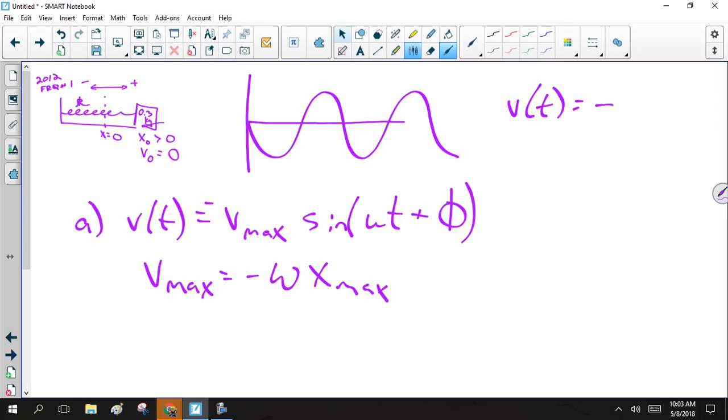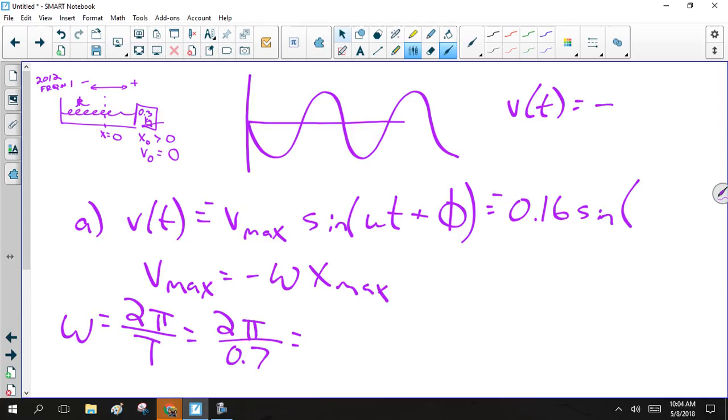It looks like it's about 0.16, right? So, you get 0.16, don't forget to make it negative because the graph is inverted, times the sine of, let's see, I need to find my omega t. So let's see, omega is 2 pi over the period, right? And if you look at the graph, the period looks like it's about 0.7 seconds.